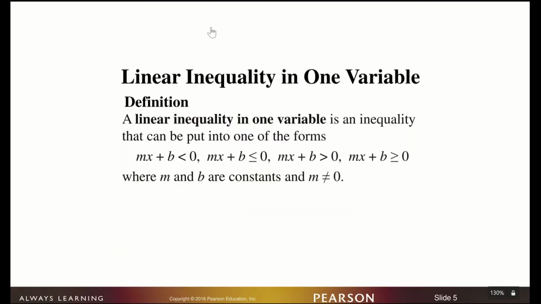The kinds of inequalities that we're going to be interested in solving are the linear variety that can be put into this form, right? Notice that any of the inequality symbols may exist in the particular inequality we're solving. And of course, we don't want m to become 0, because then we lose the variable term, and then it's not really that interesting as far as solving goes.